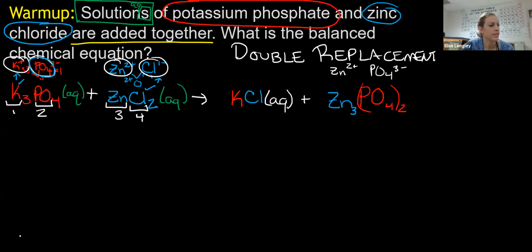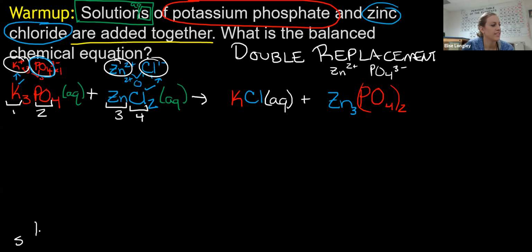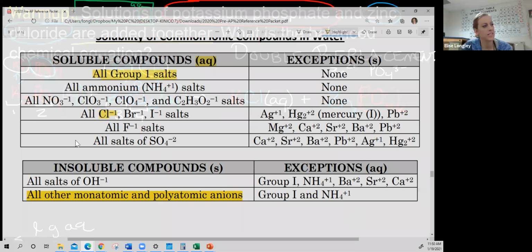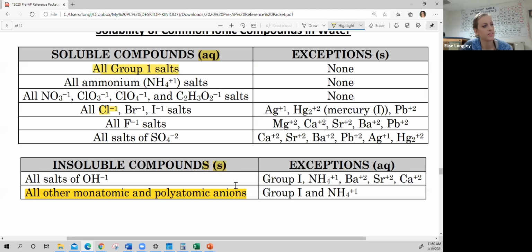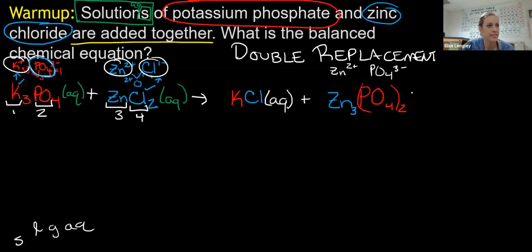Your choices are S, L, G, or AQ. This is the part that I'm not sure on, like how to tell which one. So it's insoluble, so what is it? Oh, solid. Yep, it tells you in the chart. It is solid, okay? Awesome.